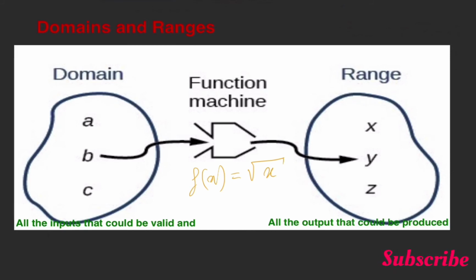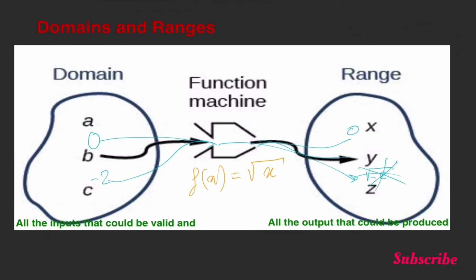So if we put, for example, 0 here, it will be accepted because 0 is inside the domain, and it will give us 0. If we put, for example, negative 2, it will give us the square root of negative 2, and this is undefined. So you have to make sure to have the right domain.